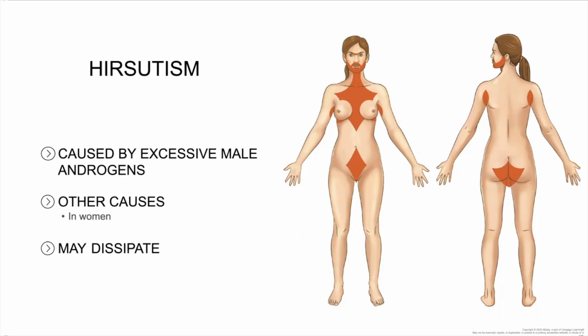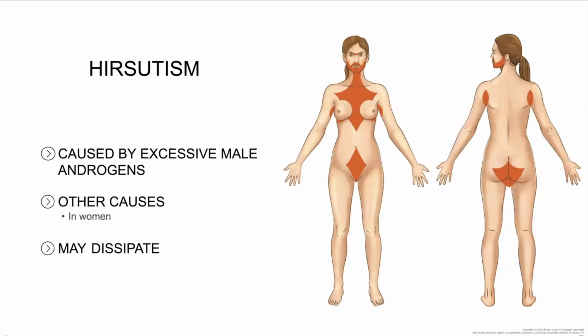So if it's a dietary factor, so let's say dairy's causing the problem or gluten, and I'm just making these up, but if that's the thing causing the hirsutism, then removing that would help reduce the excessive male androgens going on.